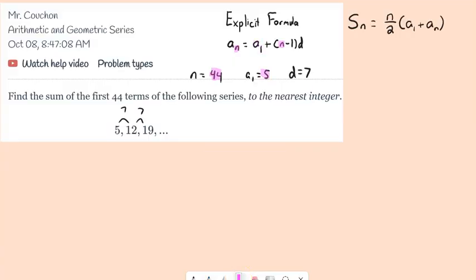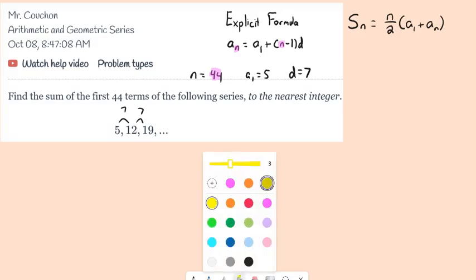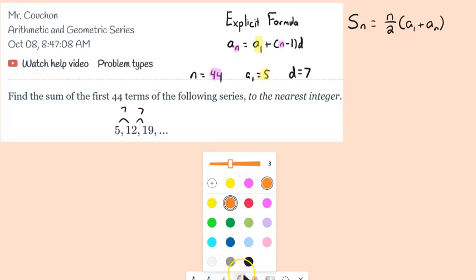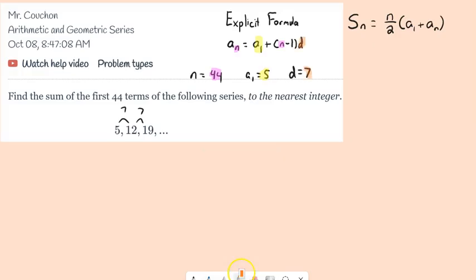Oops, it's supposed to be yellow. There we go. And then the common difference is 7. All right, so let's plug all these in, get that 44th term. So a sub 44 is 5 plus 44 minus 1 times 7.